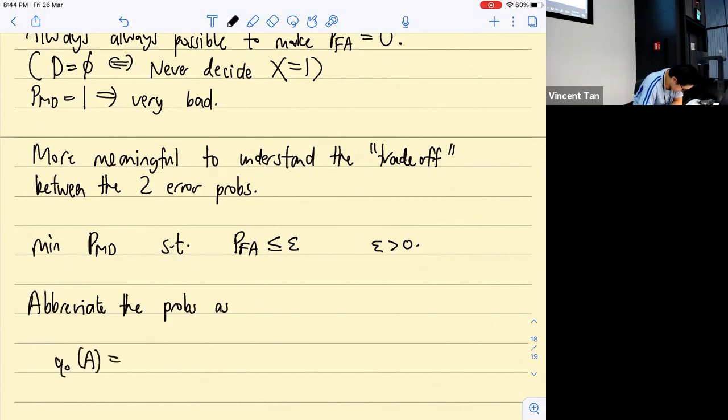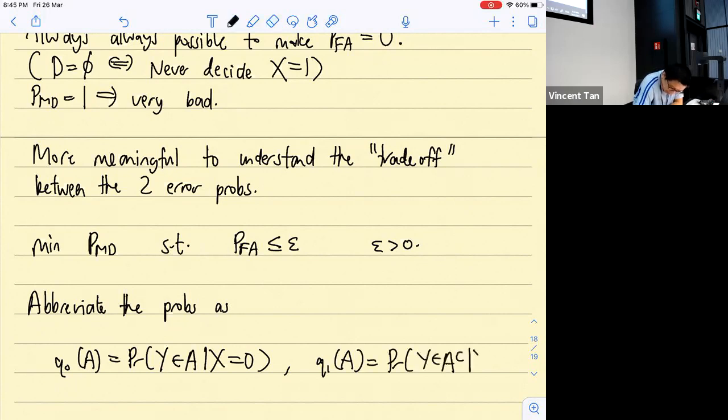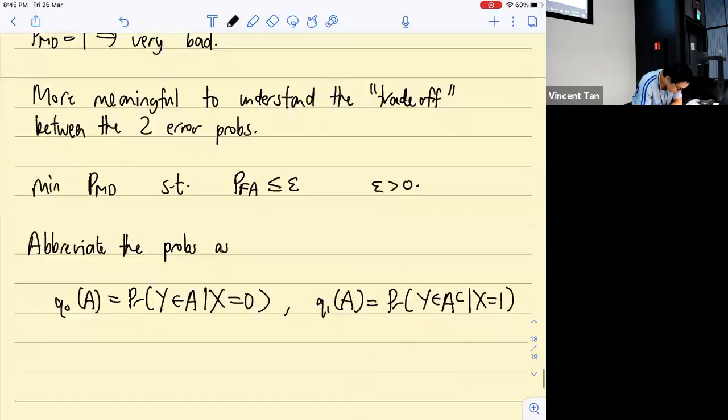So we are going to change notation slightly. Q0(A) equals probability of Y in A, or D, doesn't really matter, given X equals 0. And Q1(A) equals probability of Y in A complement, given X equals 1. So this is Q0, Q1.